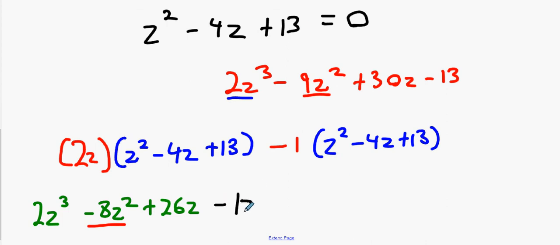Minus 1z squared. So do you see the way we've achieved the minus 9? And then what's that? Plus 4z and minus 13. Now look at the z. How many z's do we want? We want 30, don't we?